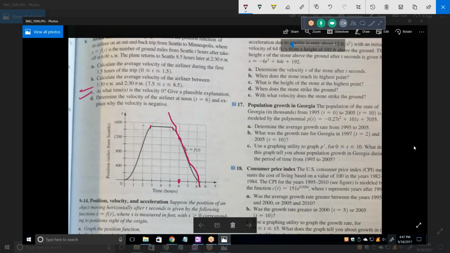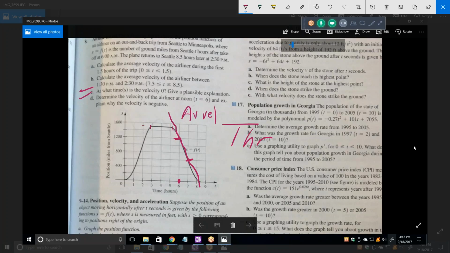Well, you can use any 2 points to find the slope of that pink line. Let's go between 6 and 7. Okay? So what is the average velocity between the 6th hour and the 7th hour? In other words, that to there. It would be 7 minus 6, so it'd be 1 over 1.